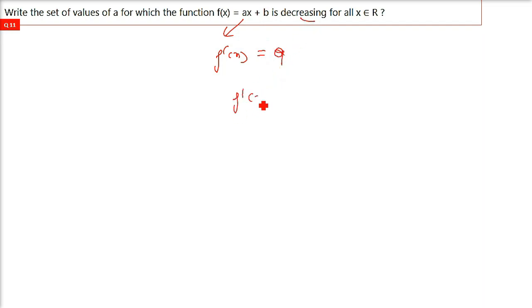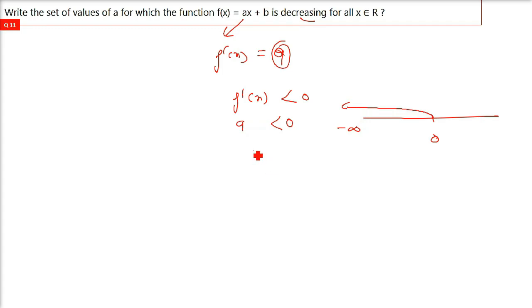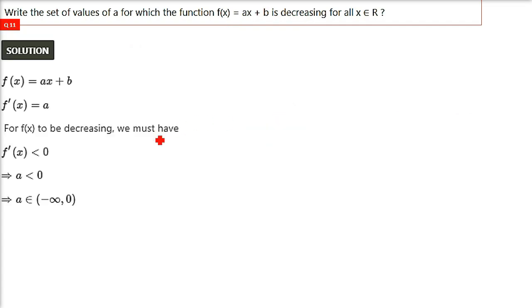Decreasing for all x belongs to R means f dash x should be less than 0. That is, a should be less than 0. If you take the number line, what are the numbers below 0? You can go to negative infinity. So a should belong to negative infinity to 0. This is the set of values which a can take for a decreasing function, and this is the solution which you have.